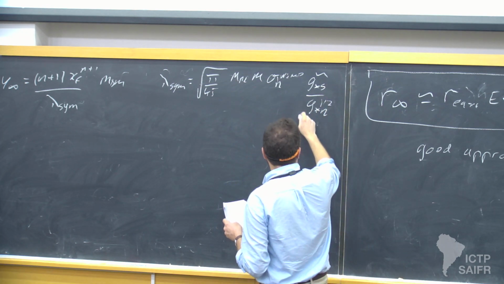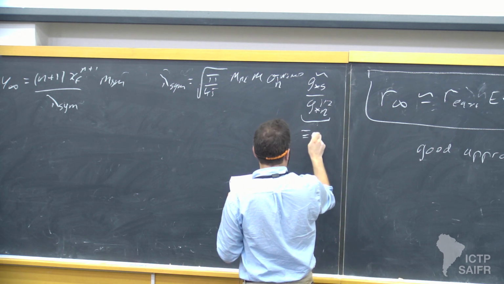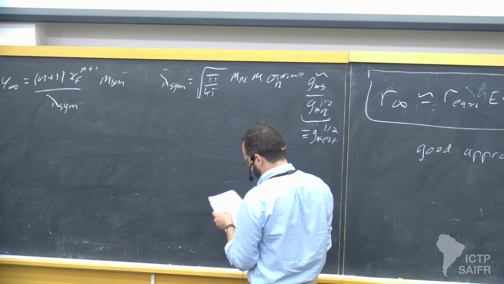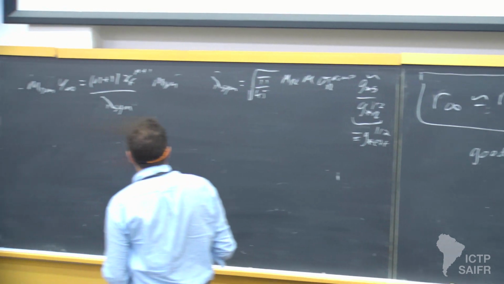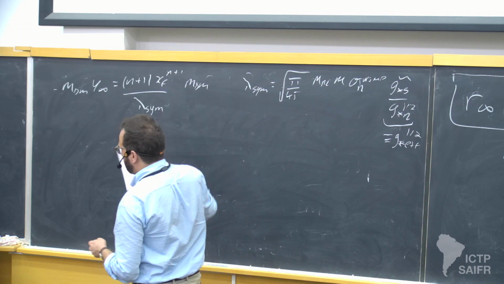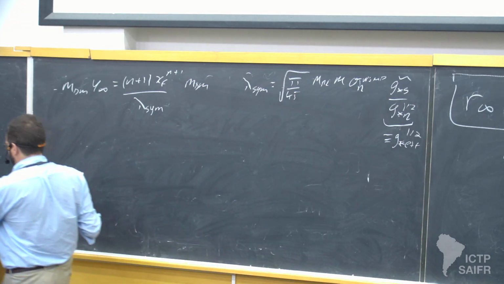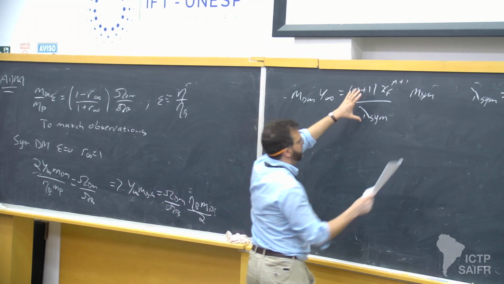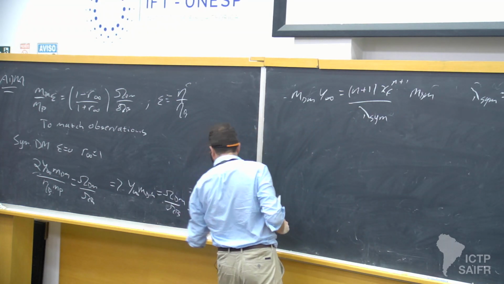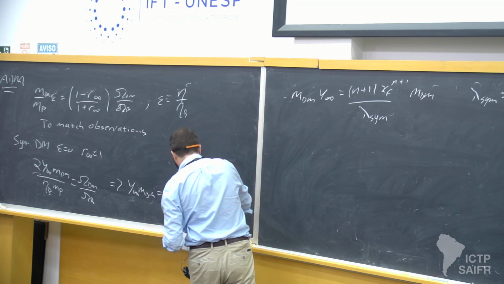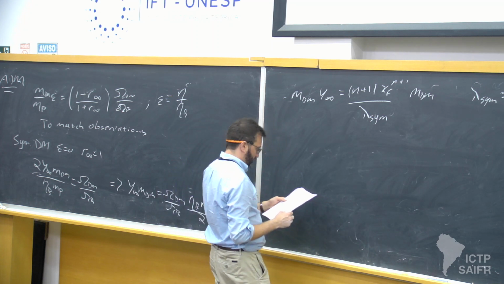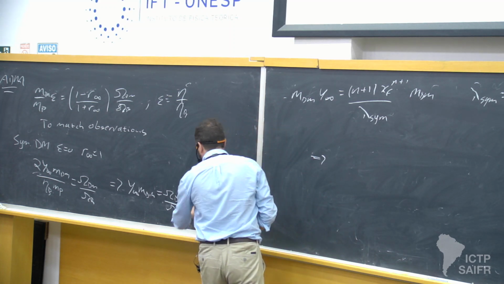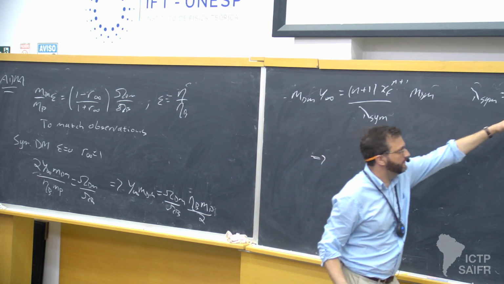And then we have a factor which is G star S on G star radiation to the 1/2. Here I got sick of writing this, so I'm just going to write it as G star effective to the 1/2. Now we're going to equate this with this, so it's really just this equal to this with the lambda substituted in.